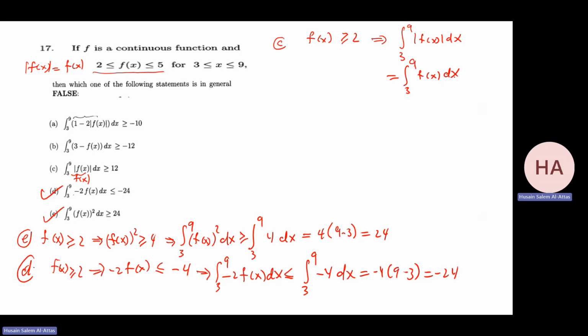And that will be greater than or equal to the integral of 2 from 3 to 9 dx, which is 2 times 9 minus 3, which is 12. So this is correct. B.